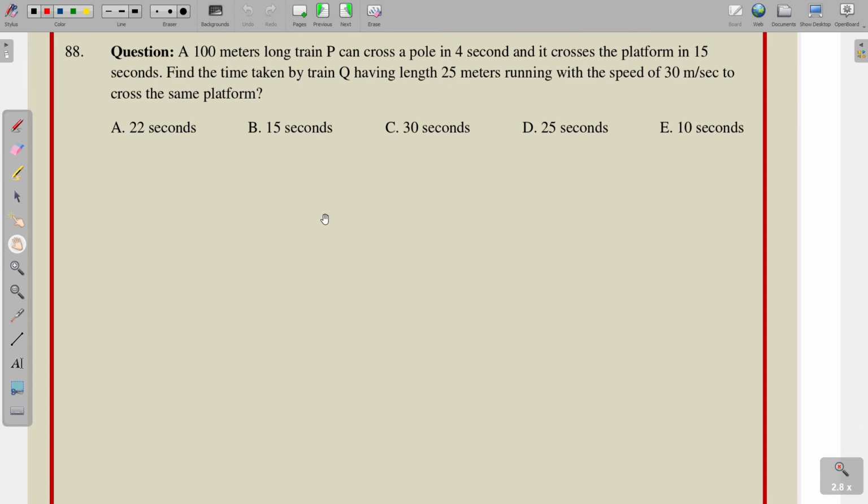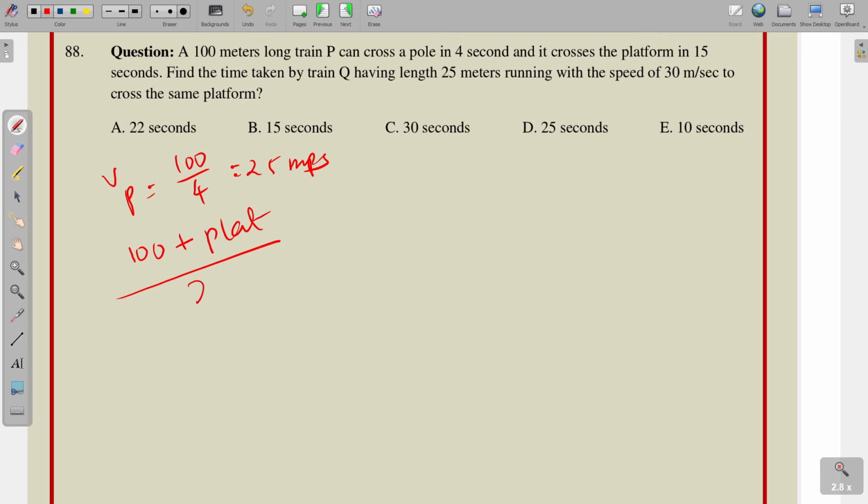A 100-meter long train P crosses a pole in 4 seconds, means velocity of P equal to 100 by 4, that is 25 meters per second, and it crosses a platform. Train length plus platform length divided by velocity equals time, that is 15 seconds. Therefore, 100 plus platform equal to 15 into 25, that is 375, means the length of platform is 275.